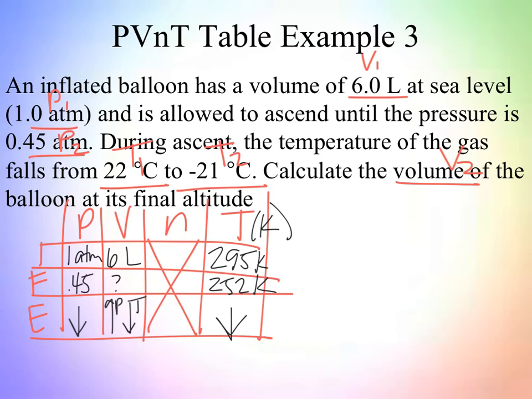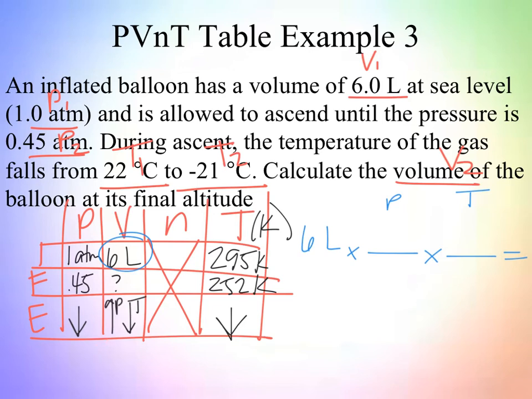Now, as before, you start with the given that is related to the unknown you're trying to find. So I'm going to start with 6 liters. Now instead of multiplying by one fraction, I'm going to multiply by 2. One is going to be based on pressure, one is going to be based on temperature. Let's start with pressure. Volume has to go up due to pressure.